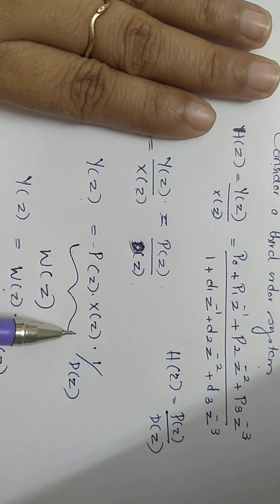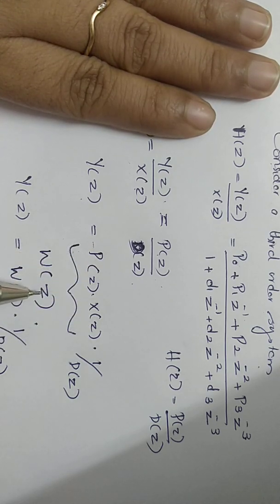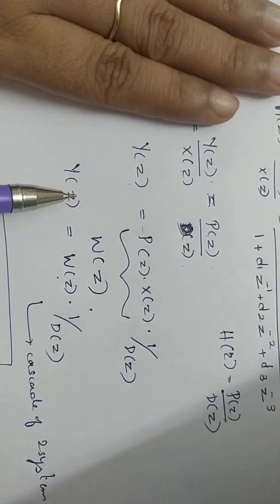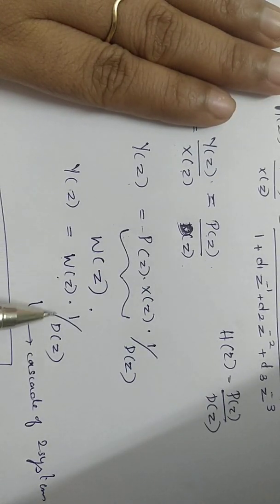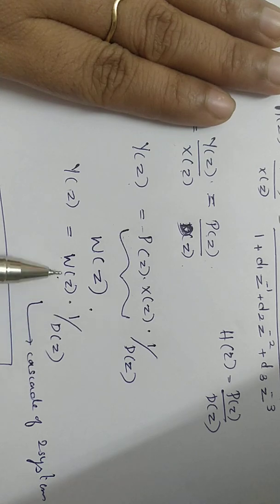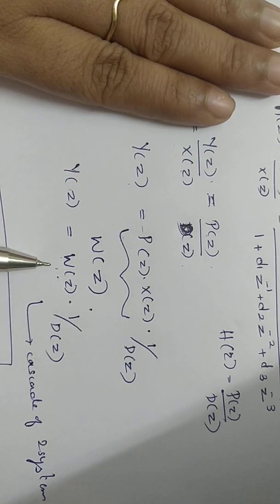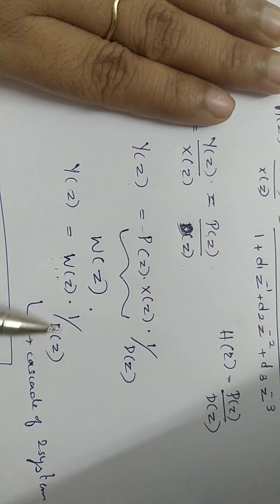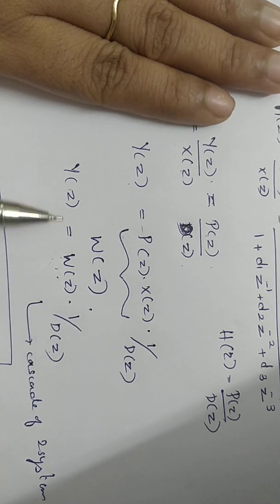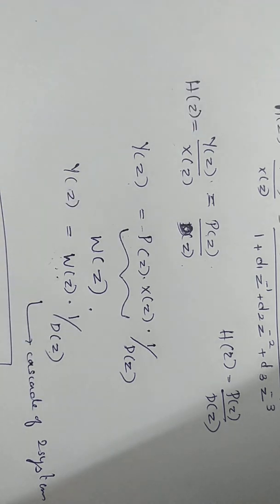I am calling this term P of z into X of z as W of z. That is, Y of z is equal to W of z into 1 by D of z. This is the cascade of two systems. W of z is the first subsystem, 1 by D of z is the second subsystem. Cascade of these two systems, we will get Y of z.